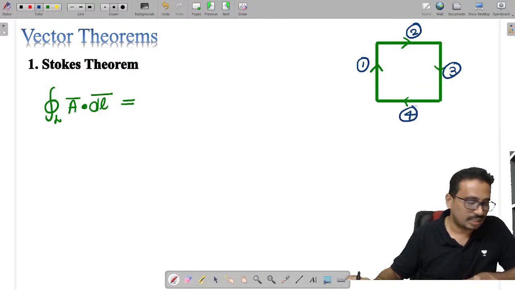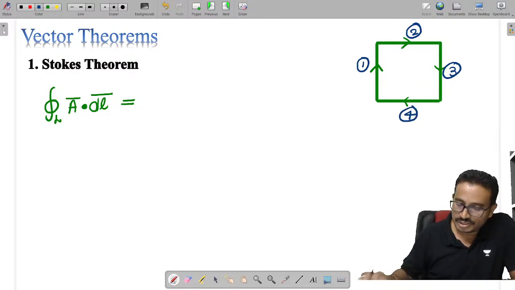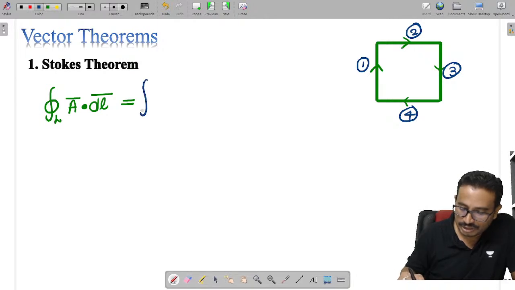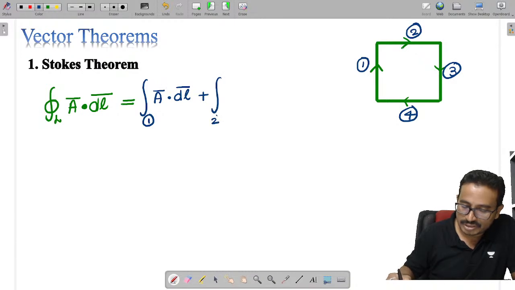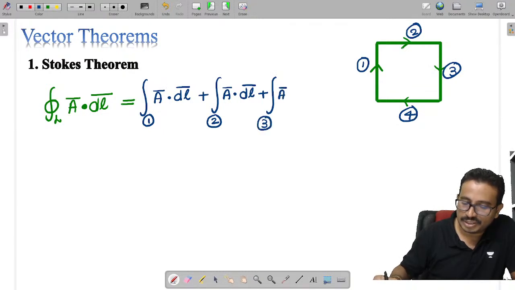For example, in general, if we want to do this integration of this vector, what should we do? The first path integration of A dot dl, plus the second path integration of A dot dl, plus the third path integration of A dot dl, plus the fourth path integration of A dot dl.